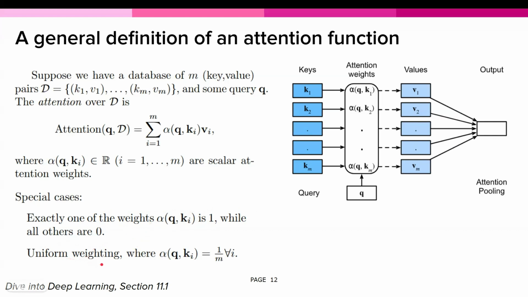Another case, if each weight were equal, then you would retrieve an average of all values, which might be useful for tasks where each part of the input is important. But the idea is that generally we're working with soft, differentiable combinations.